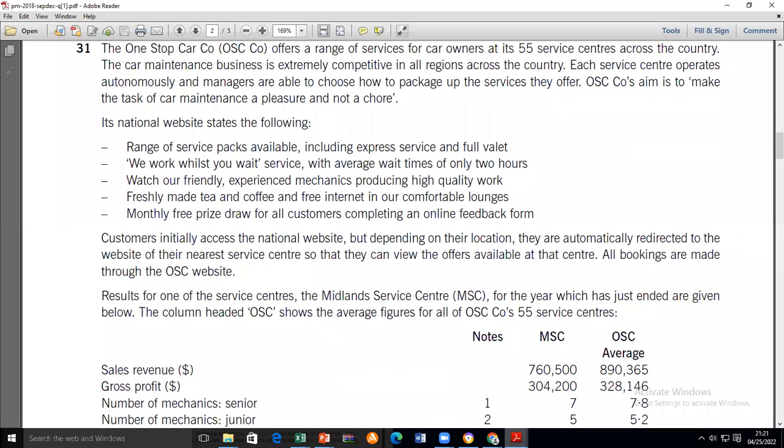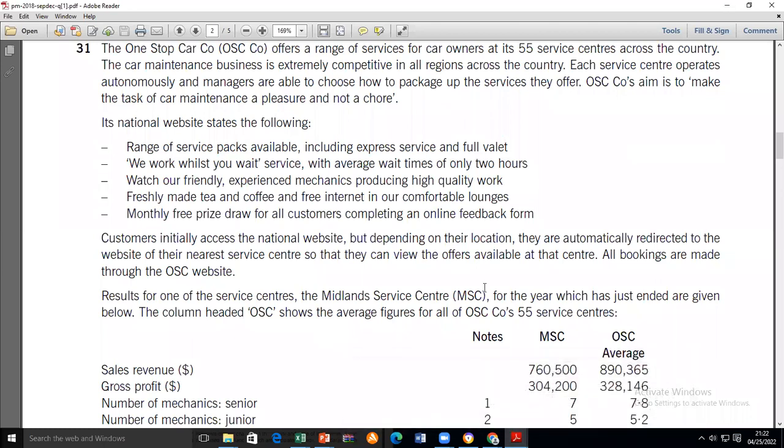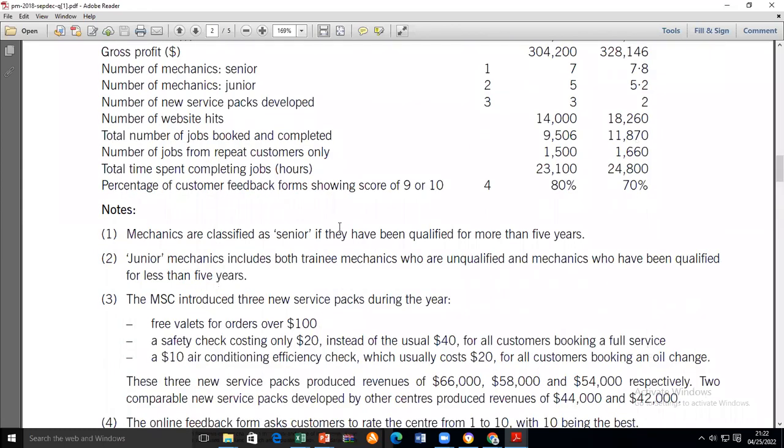I've shared this question paper on your forums. So please get your forum, take your pen, your pencil, whatever it is, and read through quickly. Then let us see if we can come up with performance indicators, at least one for each one of the dimensions.